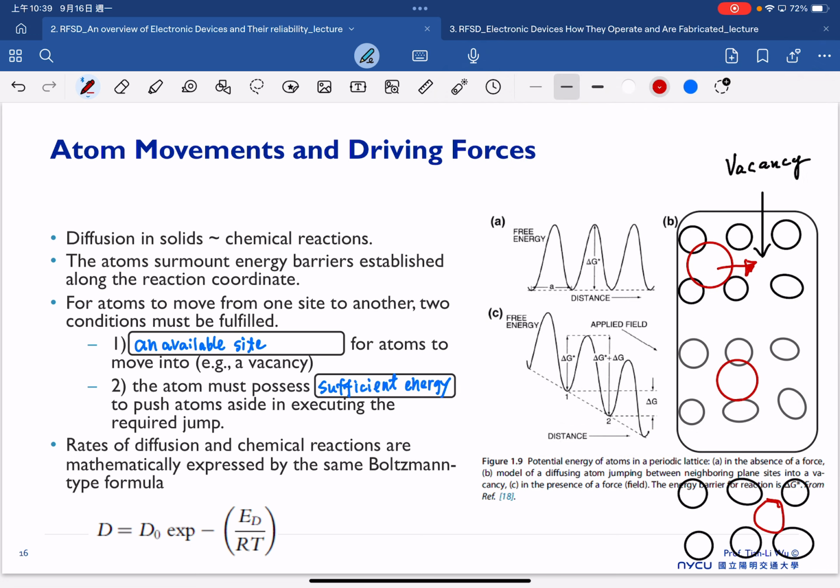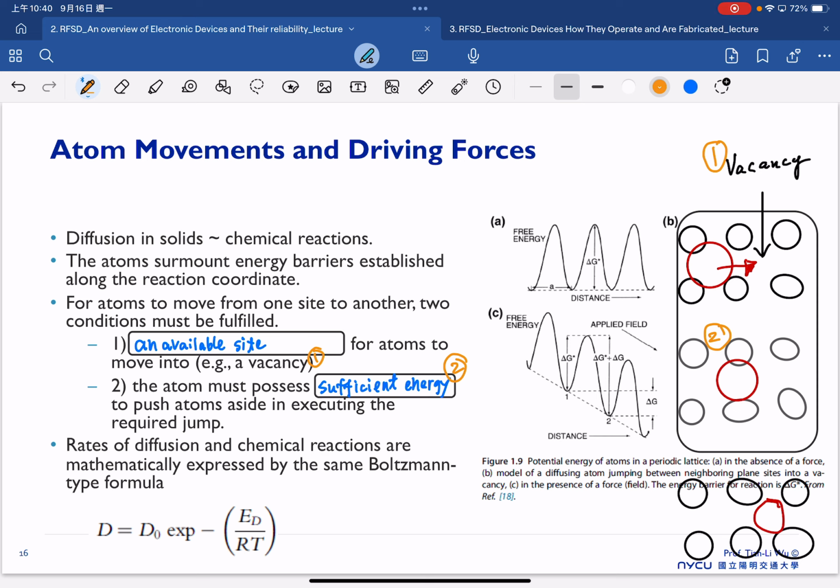The first one is a vacancy here. The second one, it must have enough energy to push your atoms aside in executing the required jobs here.